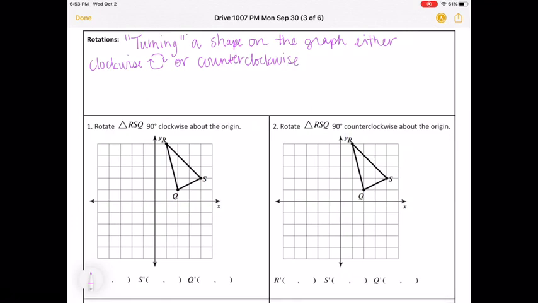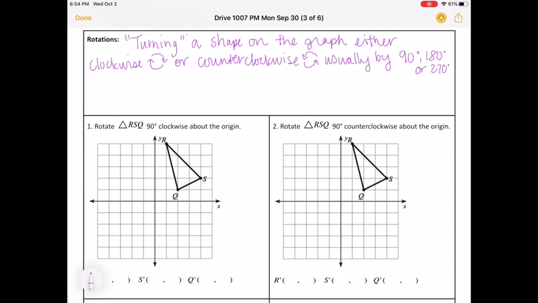So the opposite way, okay? Like that. It's usually going to be either turning by 90 degrees, 180, or 270, okay?